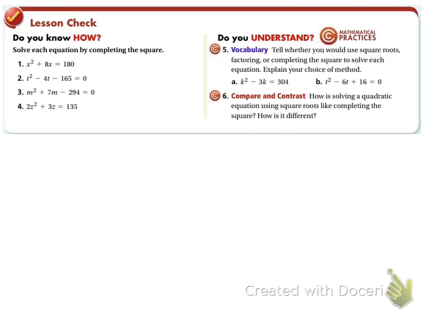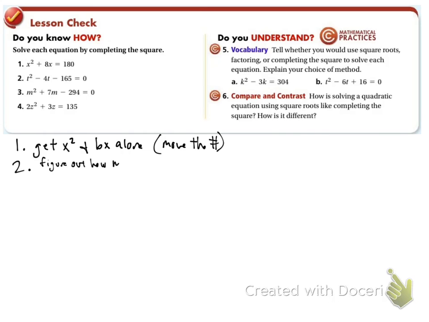Let me write out the steps. Okay, so first thing you need to do is get x squared and bx alone. So that means move the number, the c, the number at the end, to the other side. Then you need to figure out how much to add.